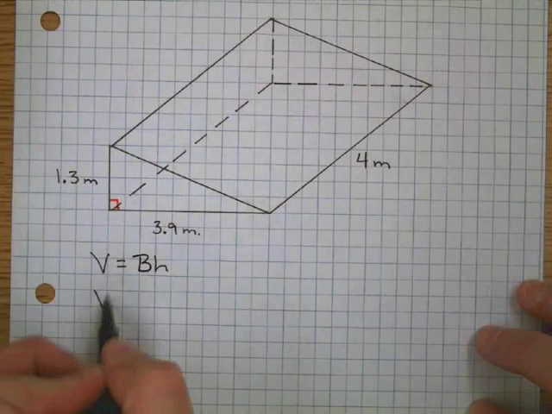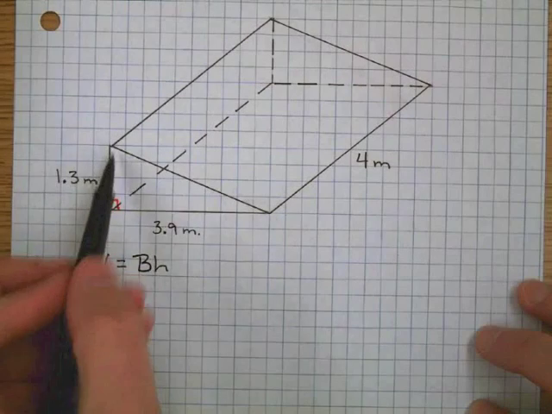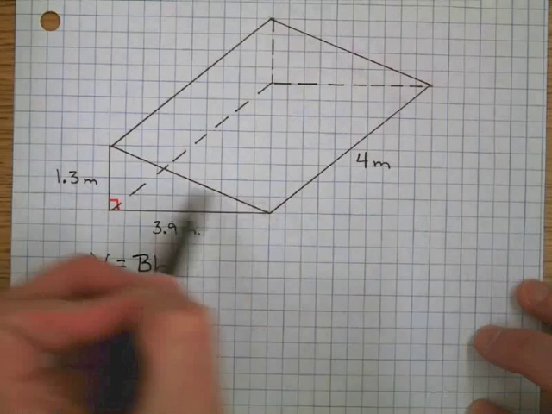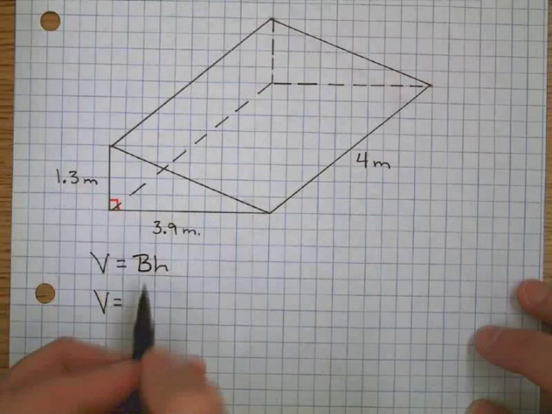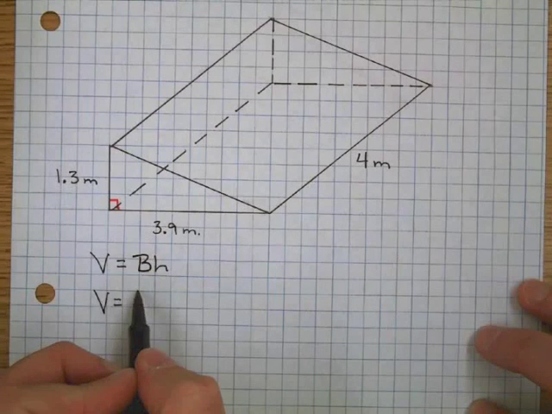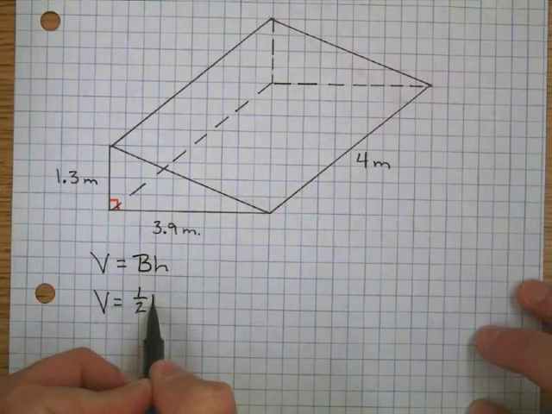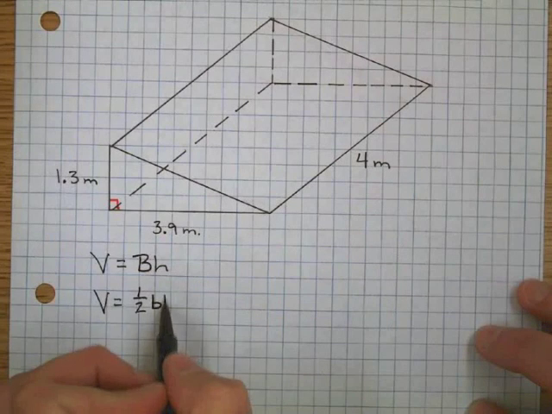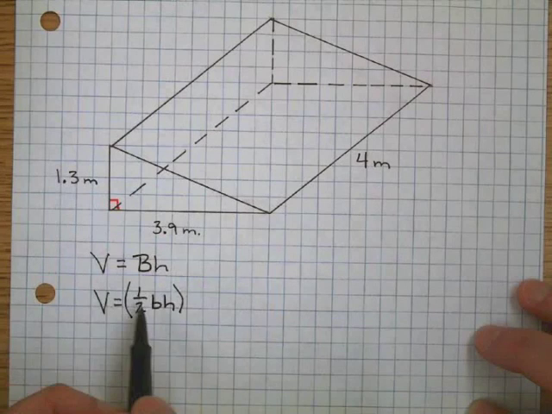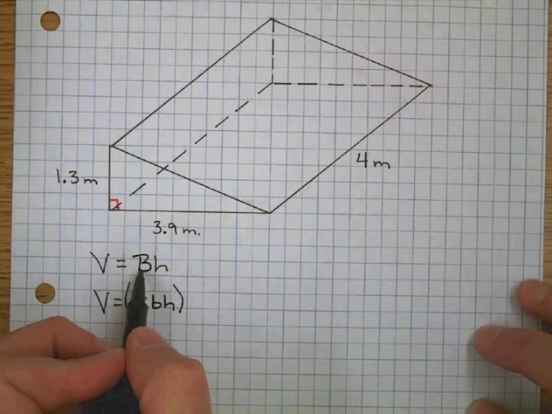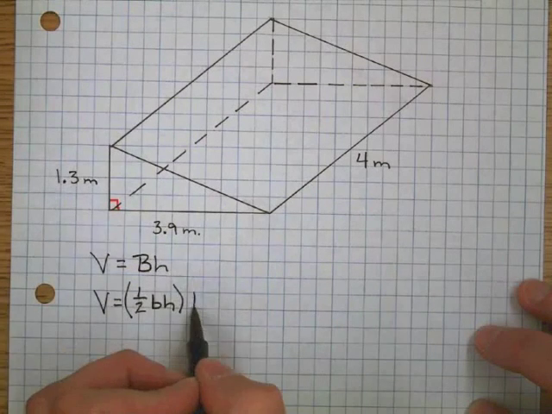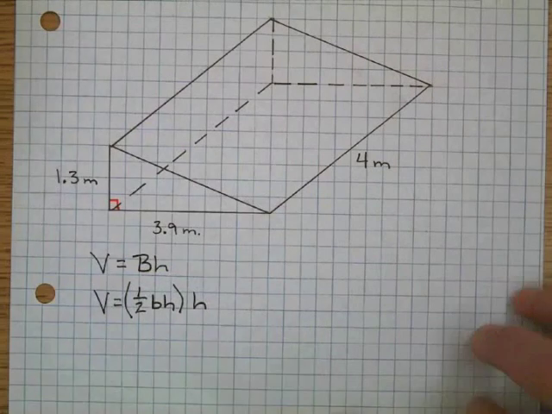In this case, since it's a triangular prism, that base is actually the area of this triangle. And we remember that the formula for the area of a triangle is 1/2 the base, little b, times the height of that. So our base of our prism is this formula, and then we have the height of the entire prism.